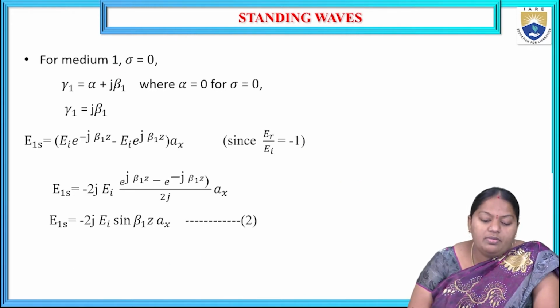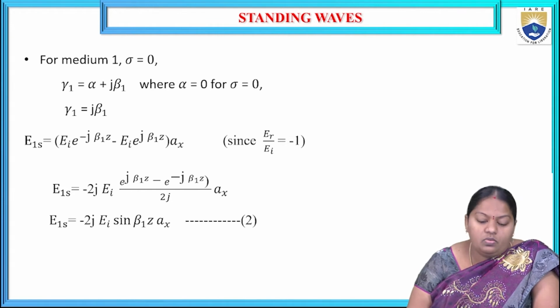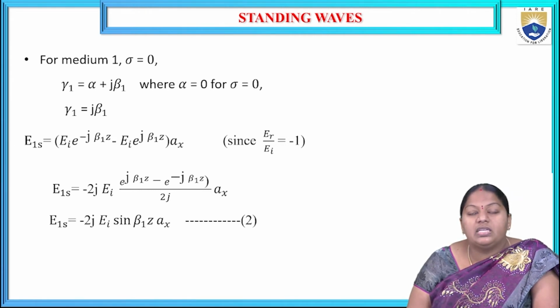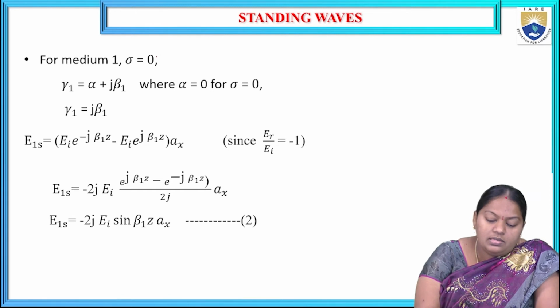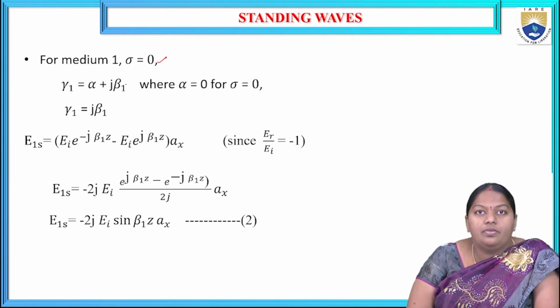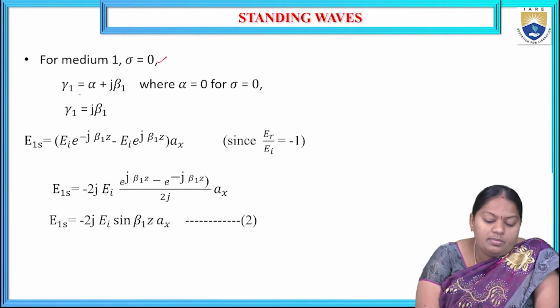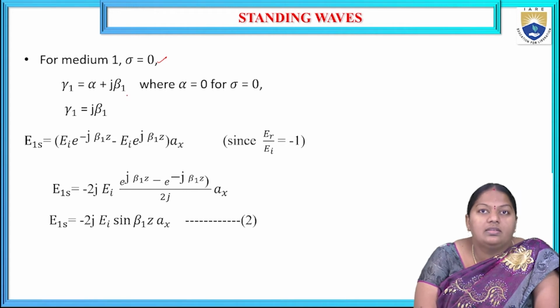Now, next, for medium 1, σ equals 0. Why? Because for medium 1, which medium have we considered? The dielectric medium. For a perfect, lossless dielectric medium, we assume the ideal value of conductivity is equal to 0, right? So for medium 1, σ is assumed as 0. Then, as we know, γ1 equals α1 plus jβ1.